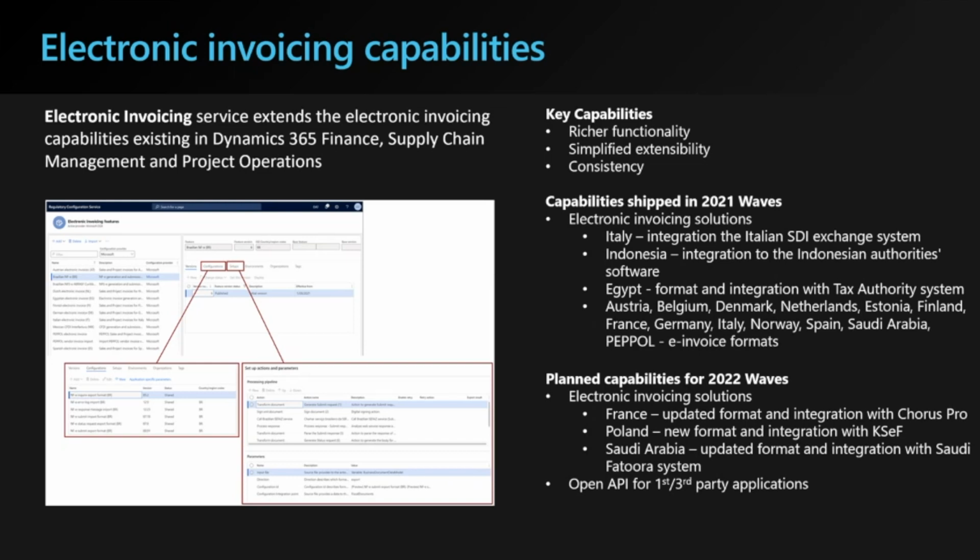Important to mention, as any other service using microservices platform, for now it is only available for cloud deployments of Dynamics 365 Finance, Supply Chain Management, and Project Operations. It is not integrated, for instance, with Business Central or earlier versions like Microsoft Dynamics 2009 or 2012.